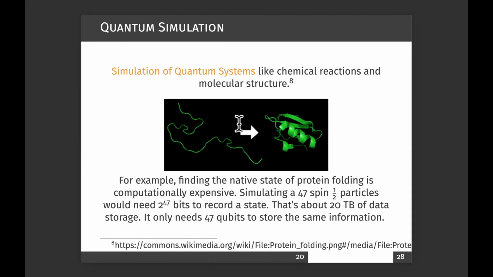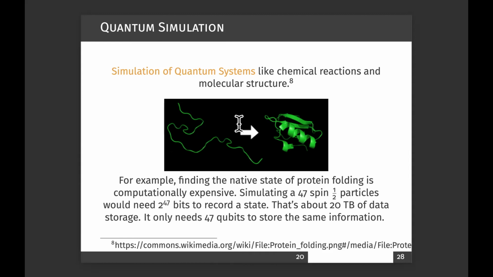Protein folding is very important because a protein that is folded wrongly, especially in a human body, gives rise to various diseases, like mad cow disease and other diseases in the brain.